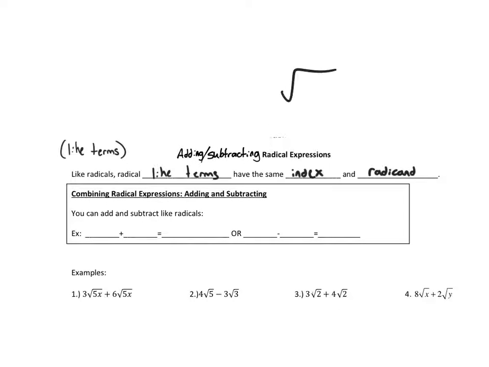When we're looking at square roots, the number that goes right there is called the index. Ours is typically an invisible 2 when we're talking with square roots. The content underneath the square root sign, or the radical sign, is called the radicand.